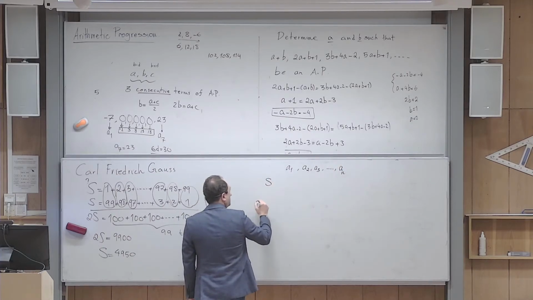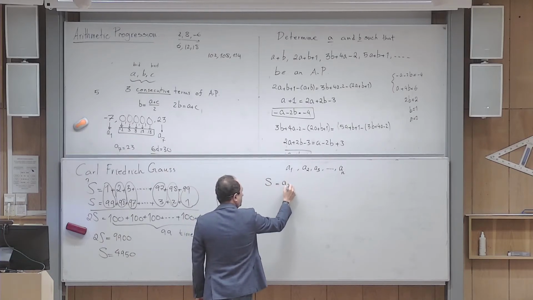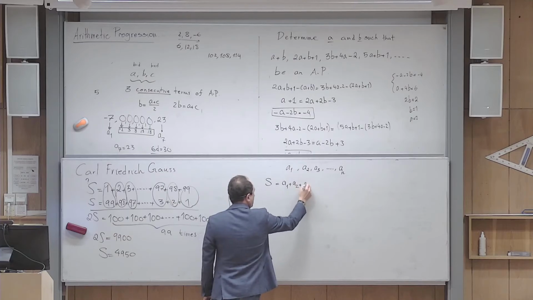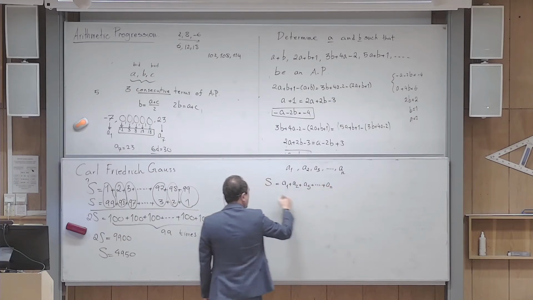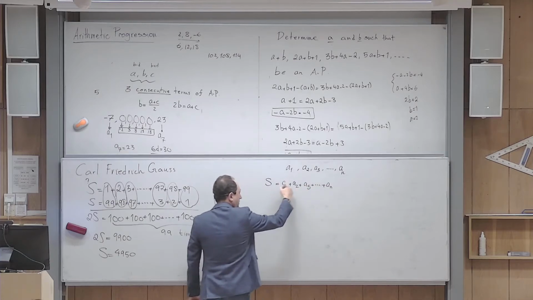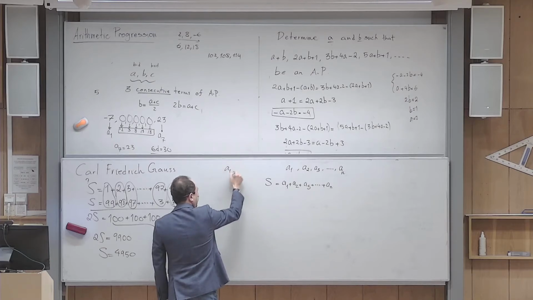Is there any formula that I can write for S, which is a1 plus a2 plus a3, continuing until a_n? I want to discover a formula for this sum in terms of a1 and d.